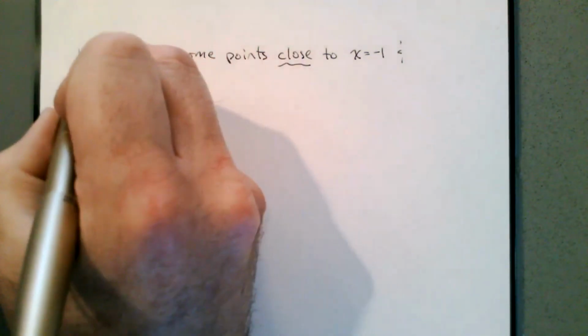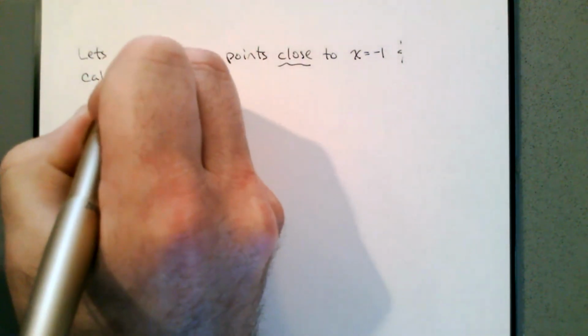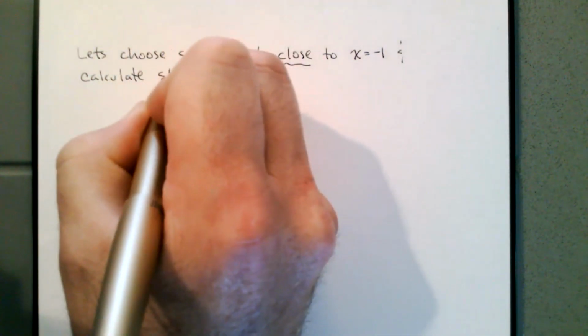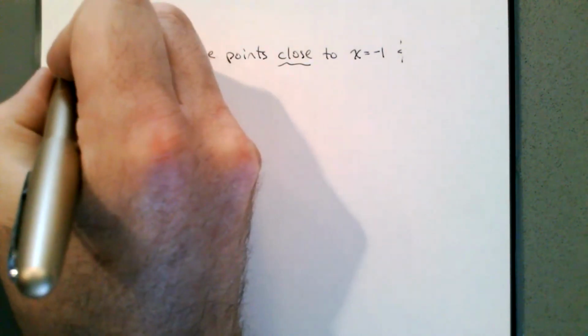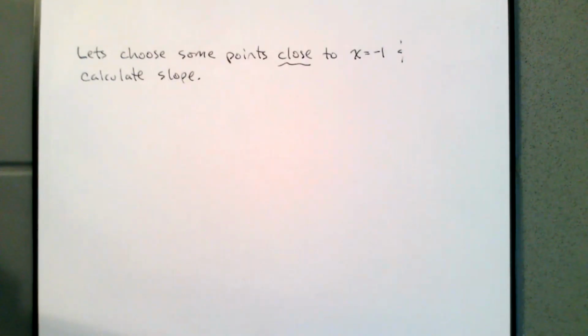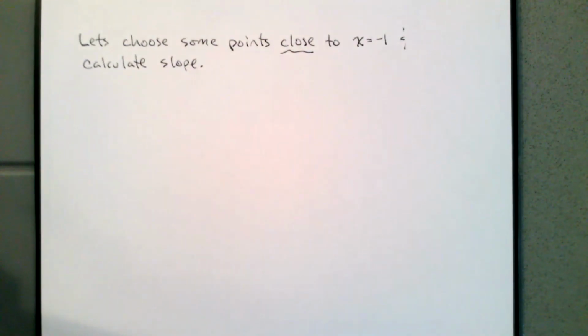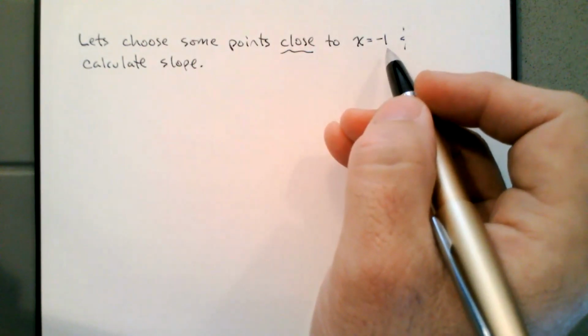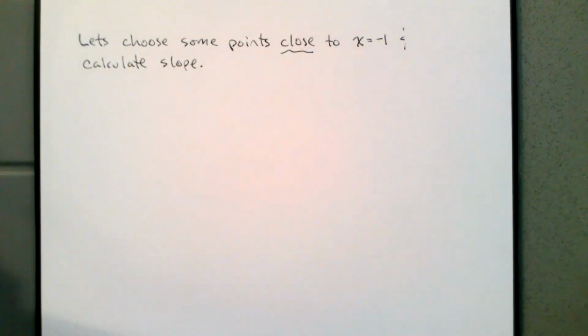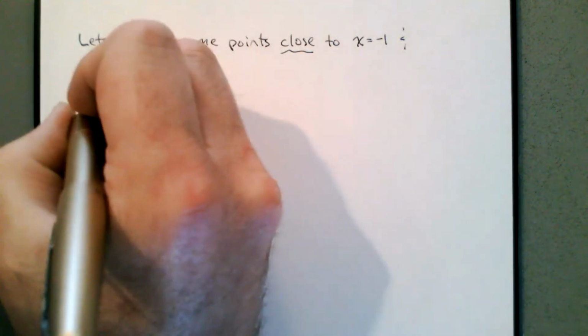And then calculate the slope. So I've got x equals -1. That's one of the points. So let's try a point x equals -1.1.